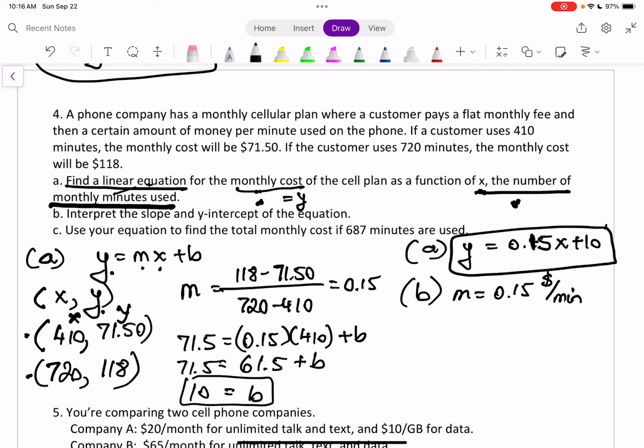So in other words, that's the money per minute used on the phone. So it's the charge per minute. So this company is charging basically 15 cents per minute. The B is 10, and that's the charge when 0 minutes have been used. So this is your flat monthly fee.